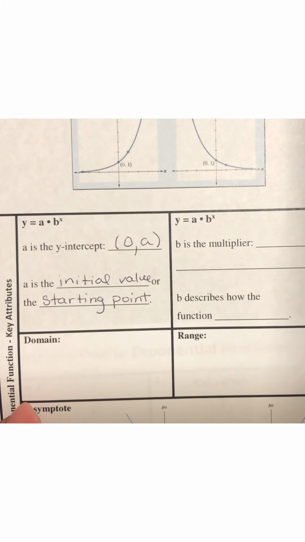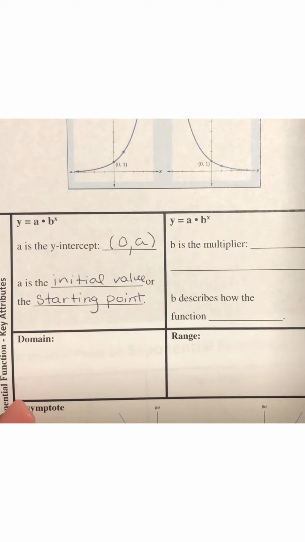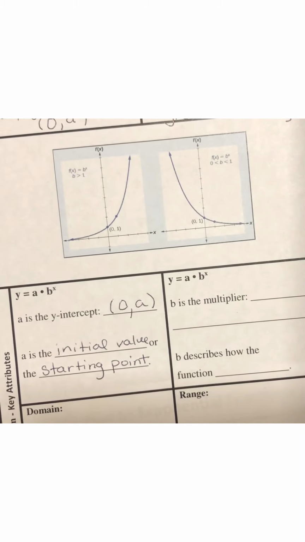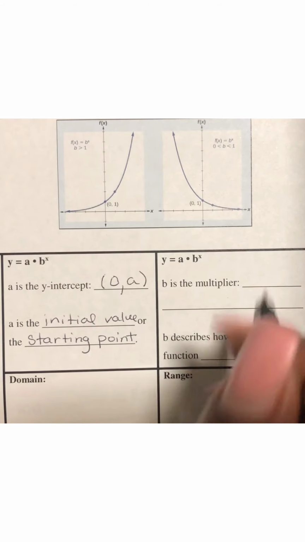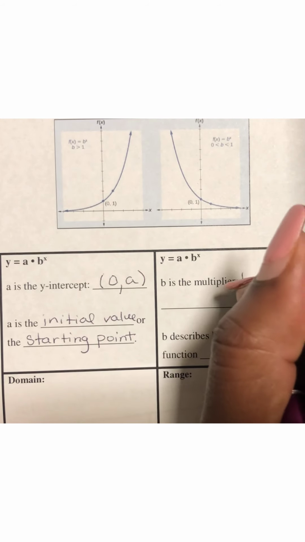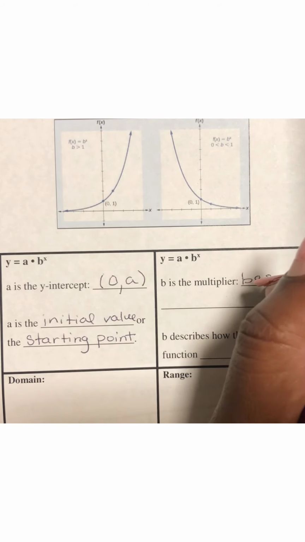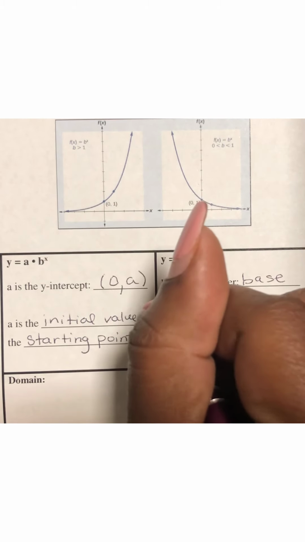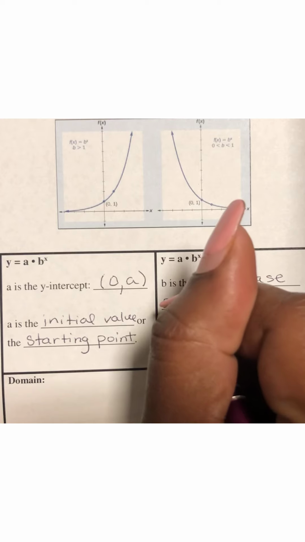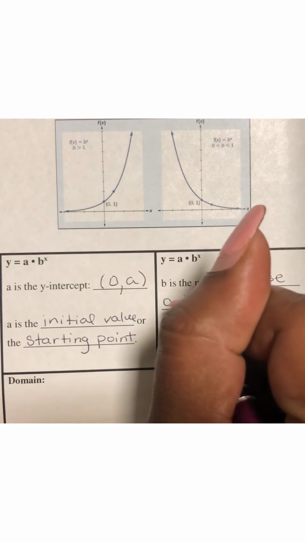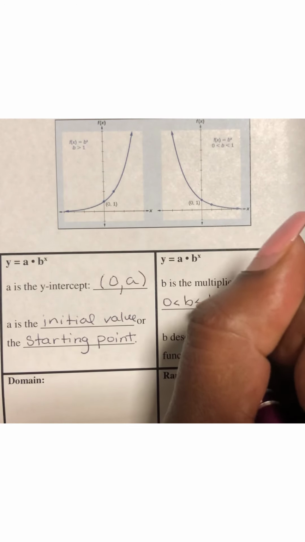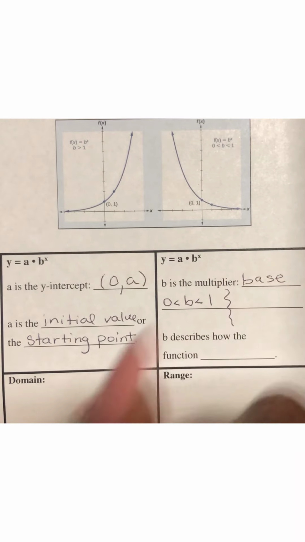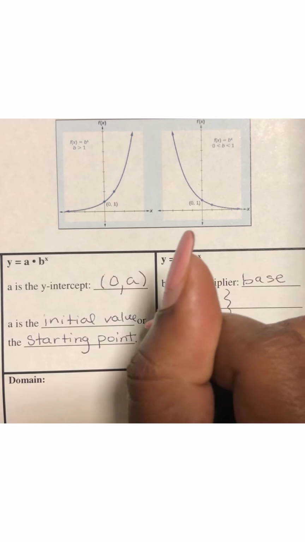Now, let's move over to what b means. So, b is the multiplier, or we can call b the base. And remember, if the base falls between 0 and 1, the function will decay.